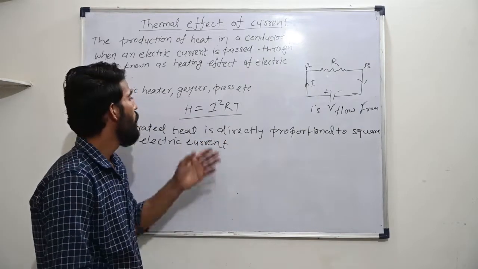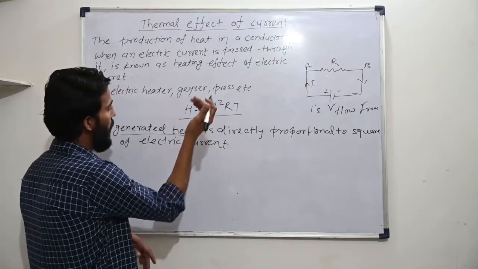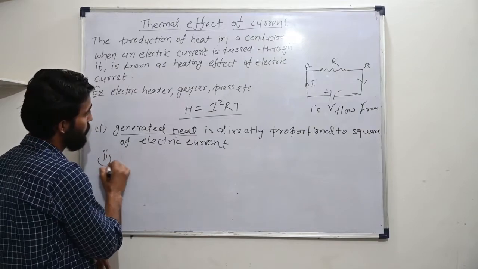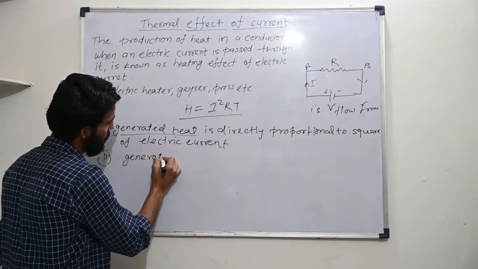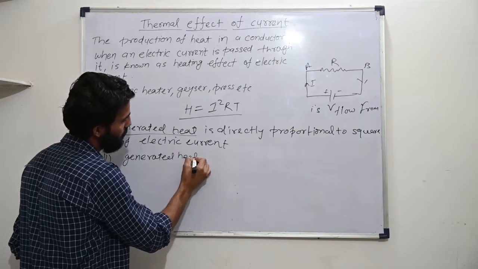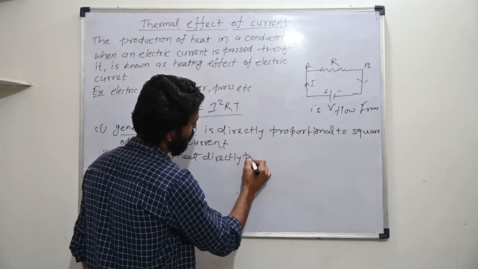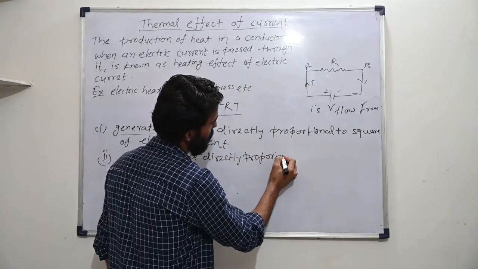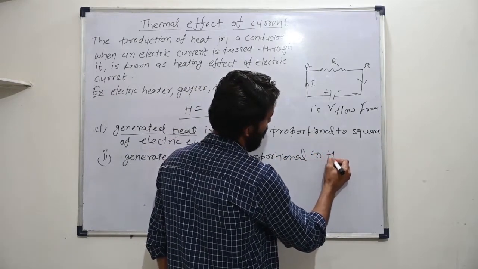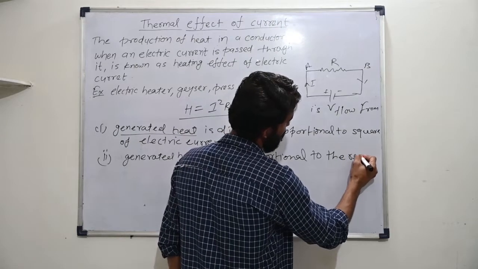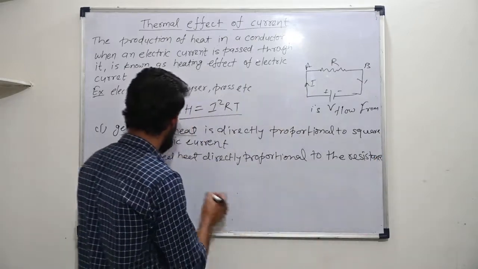Second, generated heat is directly proportional to the resistance of the conductor.